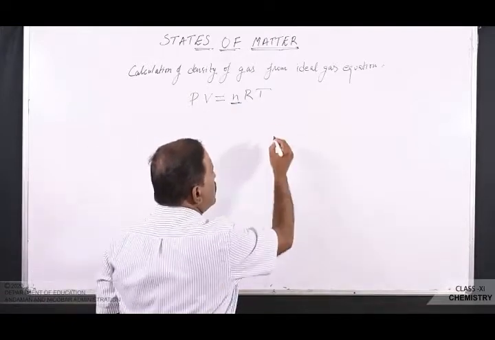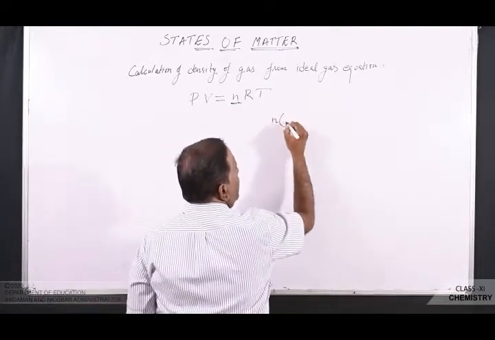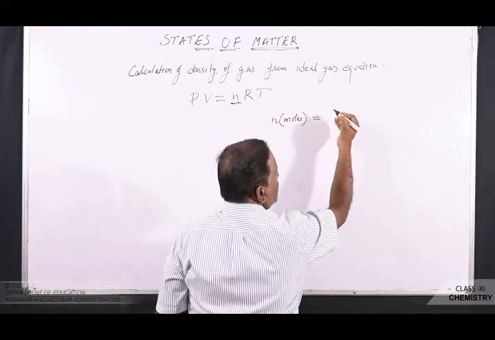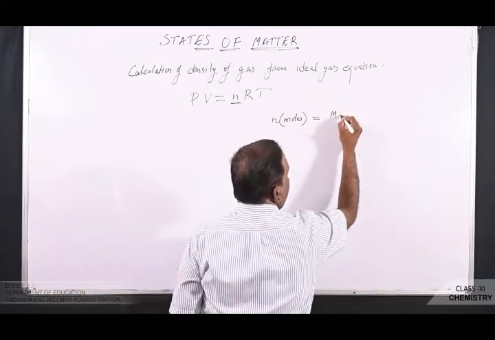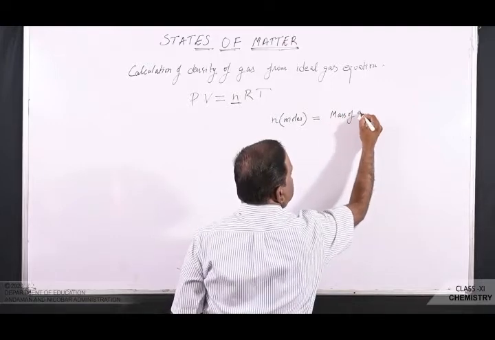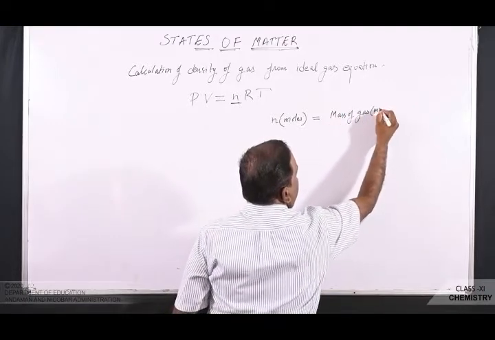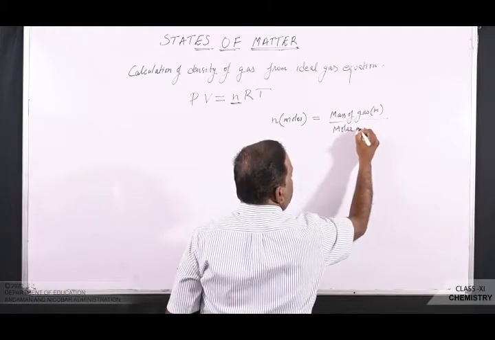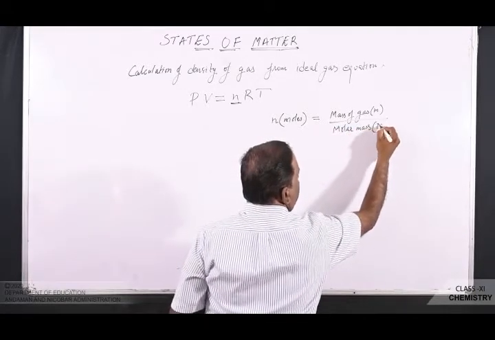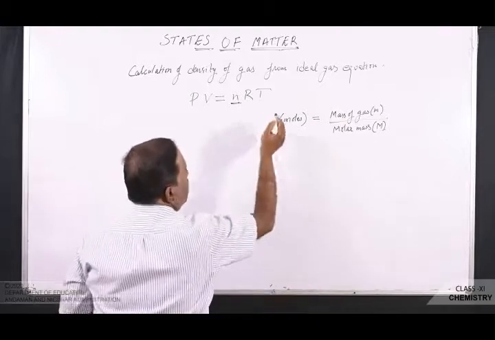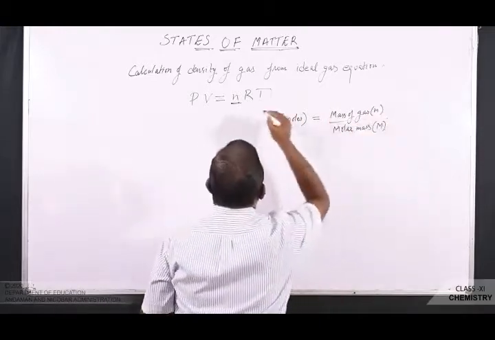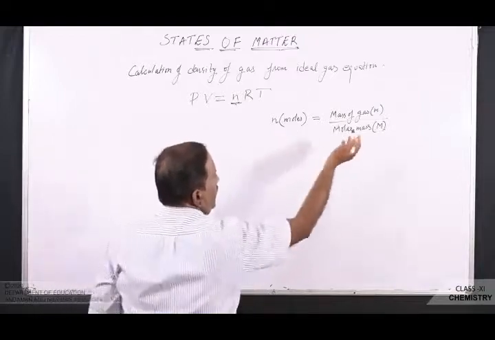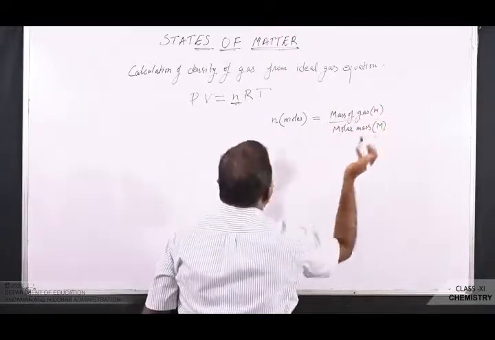The number of moles I can write as the mass of the sample, mass of gas, by molar mass. So in place of n I can substitute the mass of the gas by molar mass.